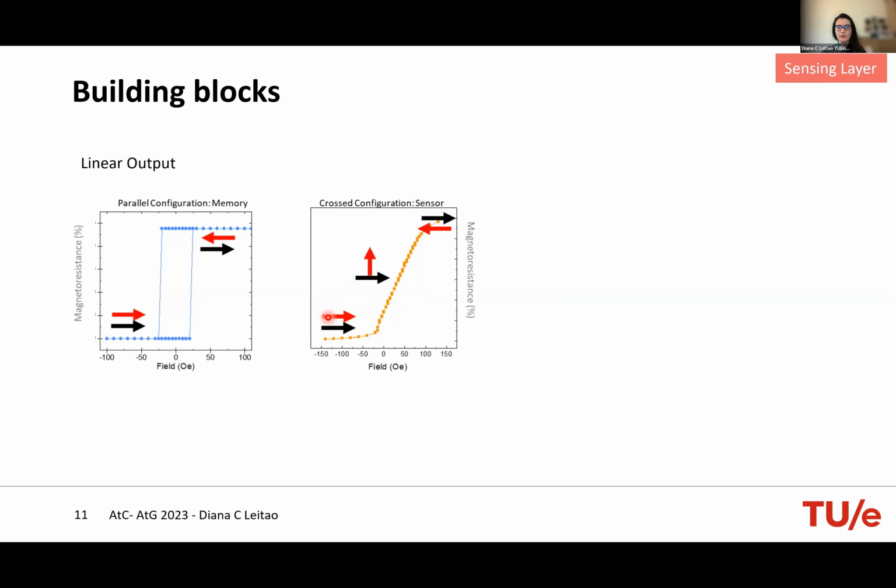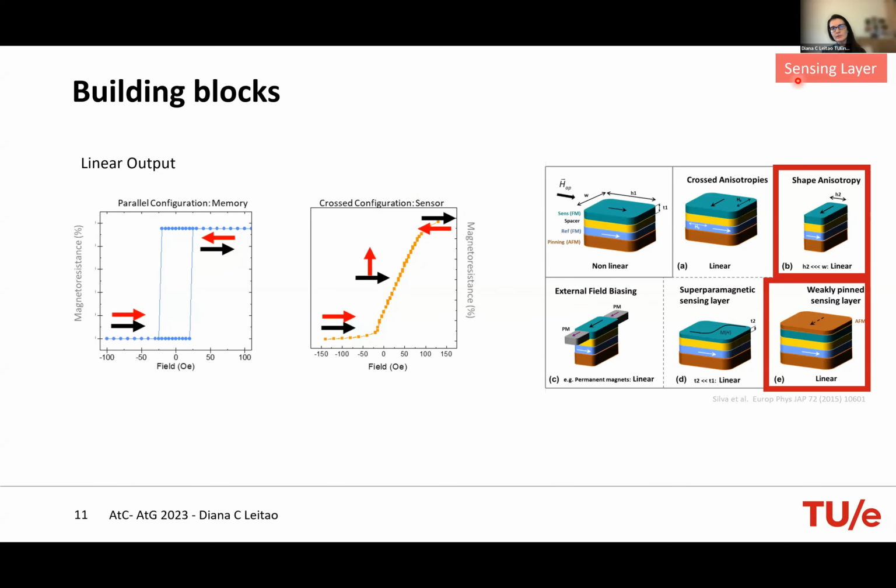So we have to build in the reference, and because we have this built-in reference in the stack, we can then shape it to obtain this linear behavior. Again, in a simple picture, the most important part of this is all done at the sensing layer. Of course, there are multiple strategies to obtain this linear behavior. These strategies that I'm showing here are quite well established, they are mature, and several of them are used in commercial devices nowadays. So just for you to have an idea.